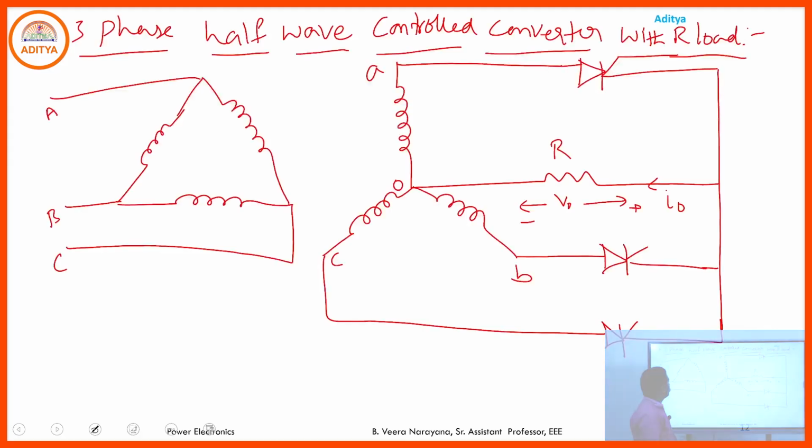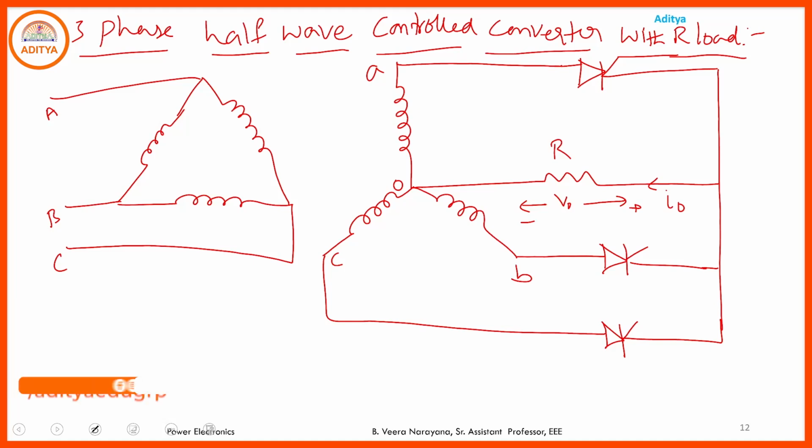Coming to this three-phase half-wave controlled converter with R load, the circuit consists of one three-phase transformer whose primary winding is connected in delta fashion, which is connected to the source, and the secondary winding is connected in star fashion.